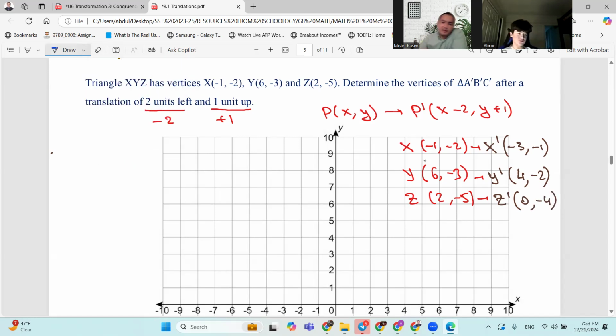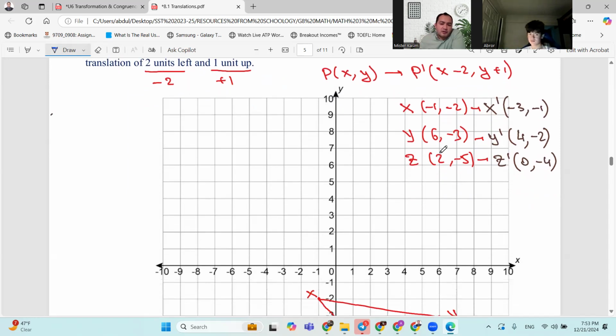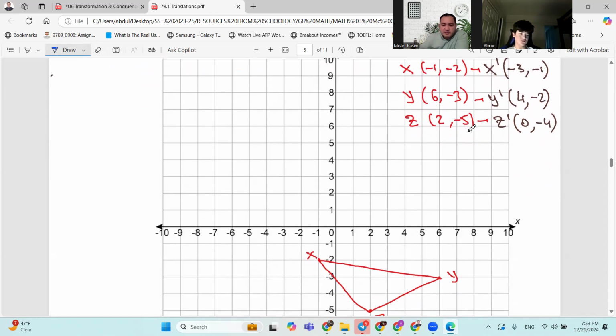When you do it by hand, Abrar, you understand, well, intuition. -1, -2, so it is here. No, sorry. -3, -1, it is here, X prime. And 4, -2, it is here.